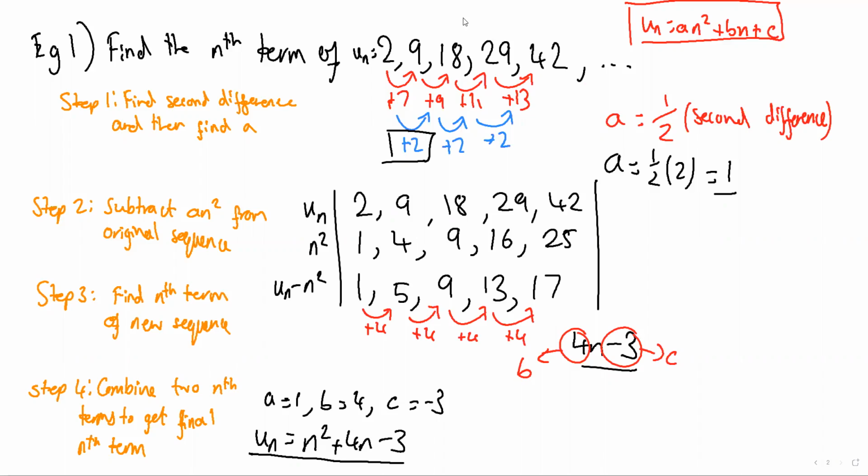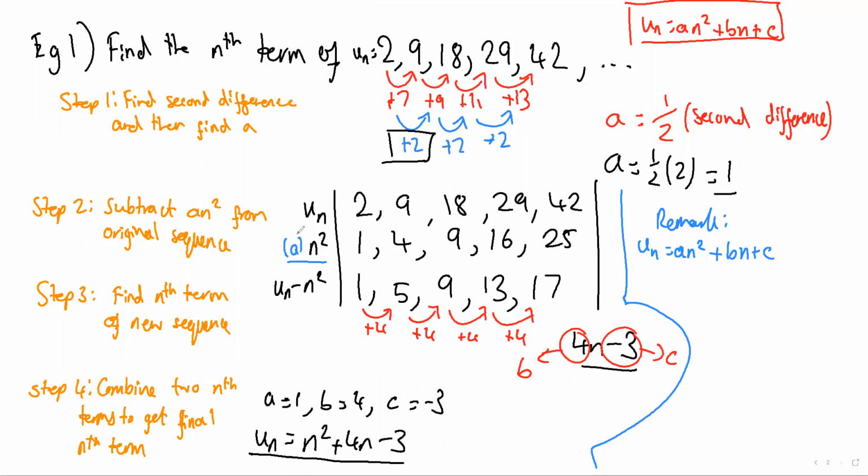Now, just a side note, you don't need to know why this happens. But if you're wondering why this sequence gives us our b and c, let's think about what we're doing here. We have u_n, which is an squared plus bn plus c, and then we're taking off an squared.